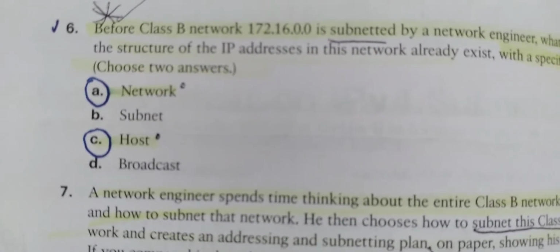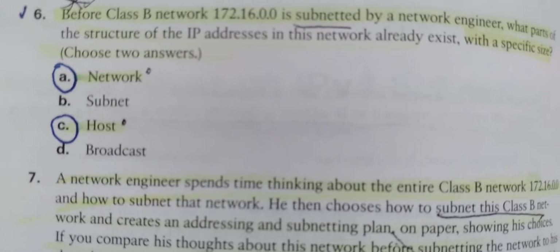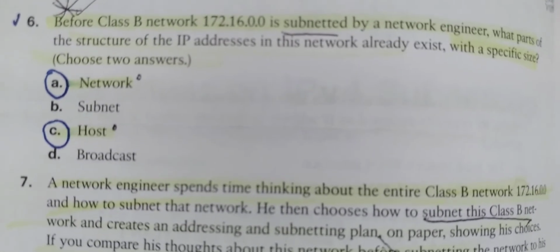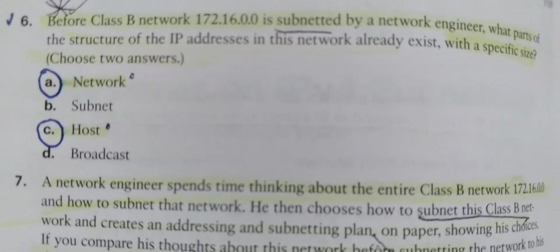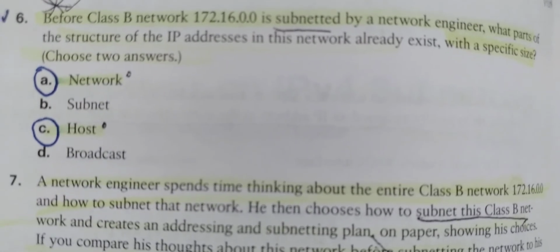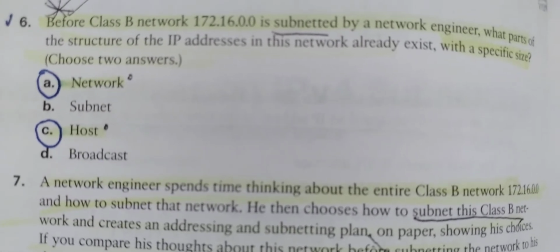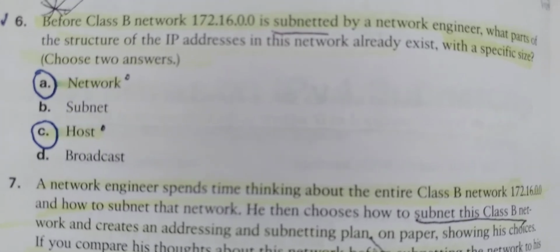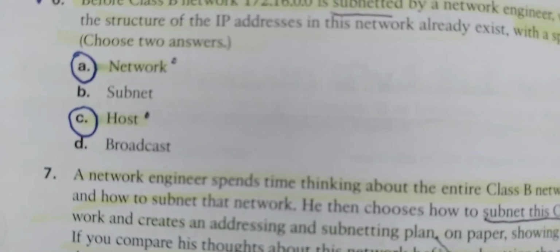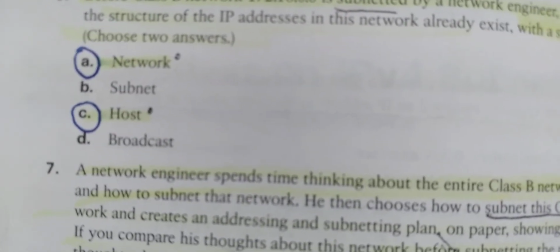It says choose two answers. Now this is before we decide to chop it up to break it down, before it gets subnetted by a network engineer. So the two parts that exist are A, the network, and C, the host.